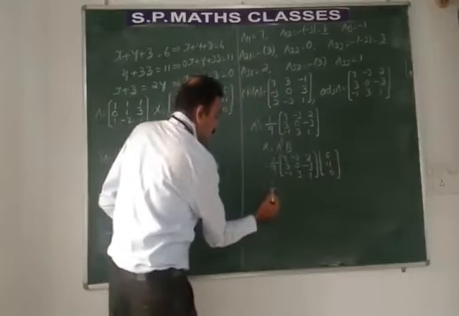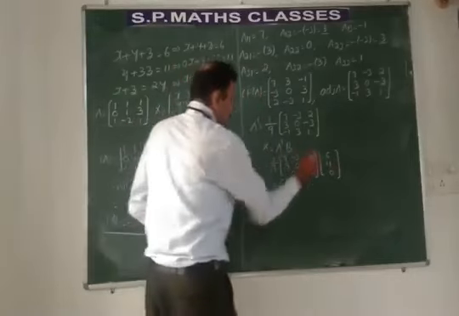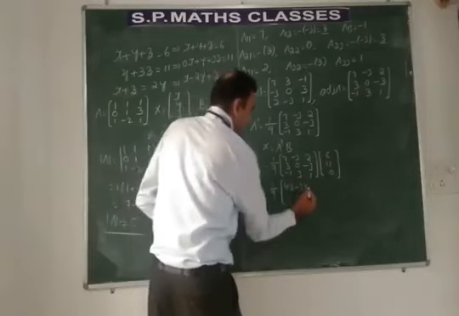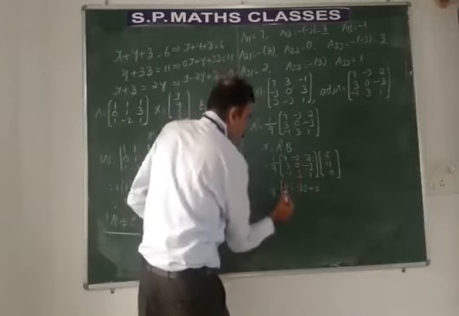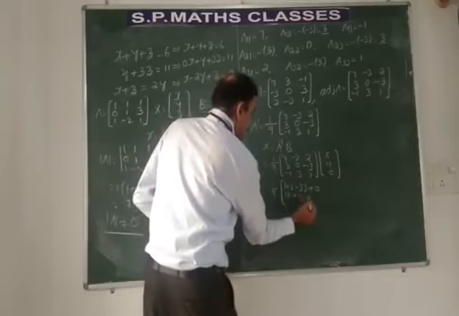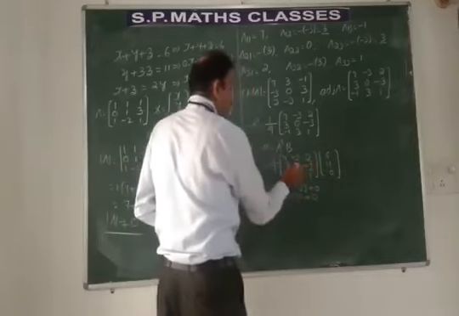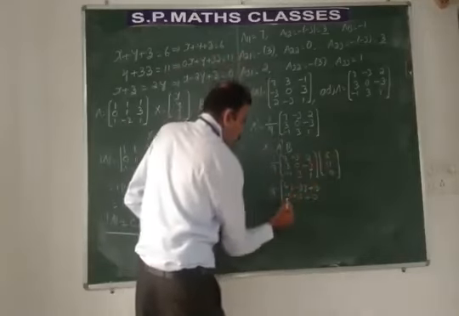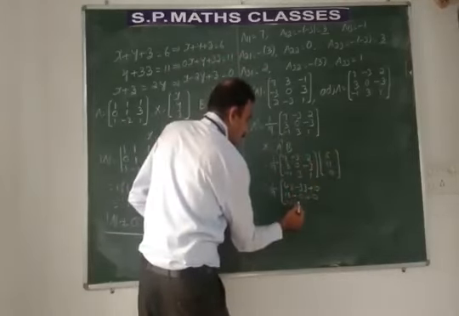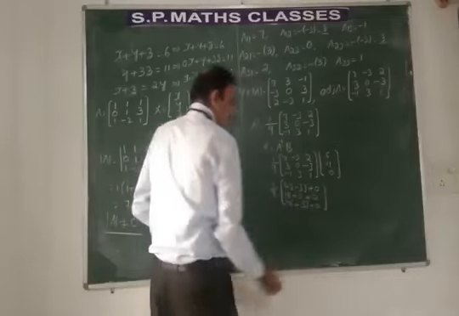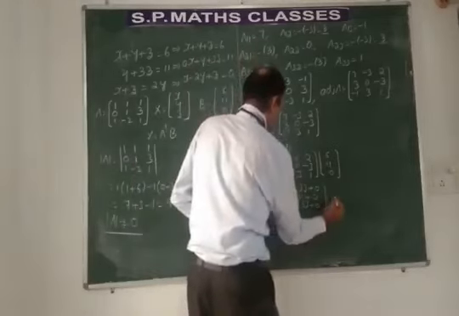Let us multiply. 7 sixes are 42, minus 33, plus 0. Second row: 18 plus 0 plus 0. You get 3 sixes are 18, 0 into 11 is 0, minus 3 into 0 is 0. Last row: minus 1 into 6 is minus 6, plus 11 threes are 33, 1 into 0 is 0. So now what happens now?